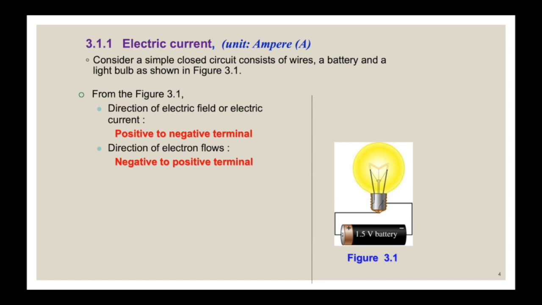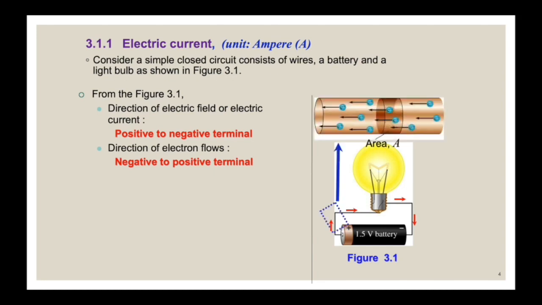There are two directions that you need to consider. The first one is the electric field or electric current. It flows from the positive terminal to the negative terminal, and then we have the electron flow, which goes from negative to positive terminal, because the electron itself is negatively charged.